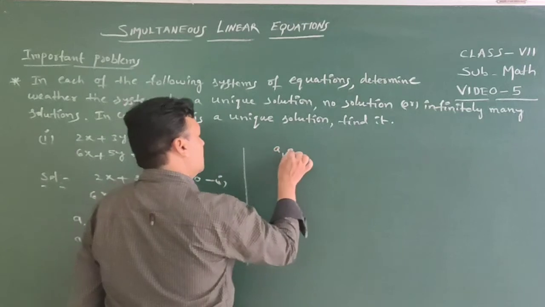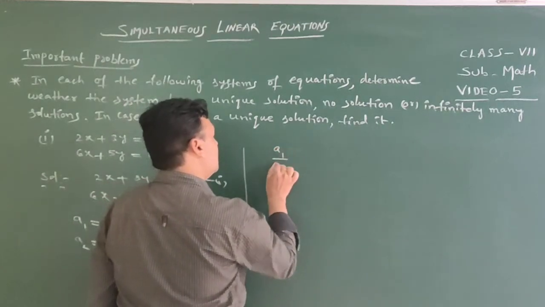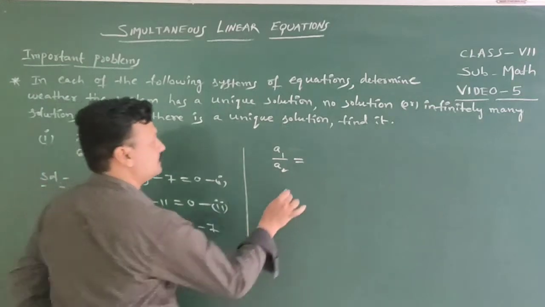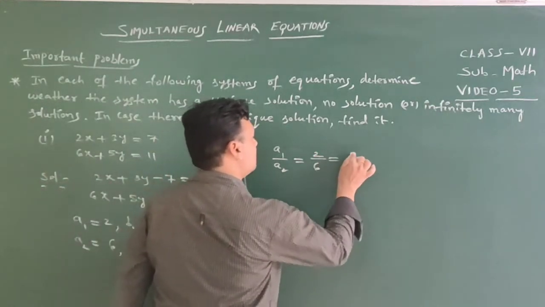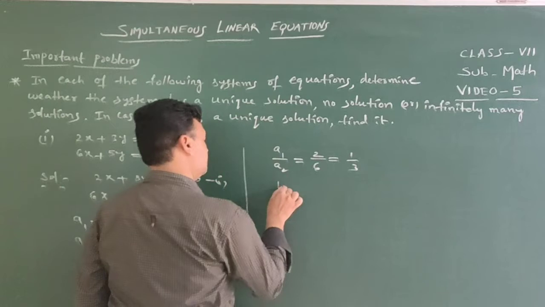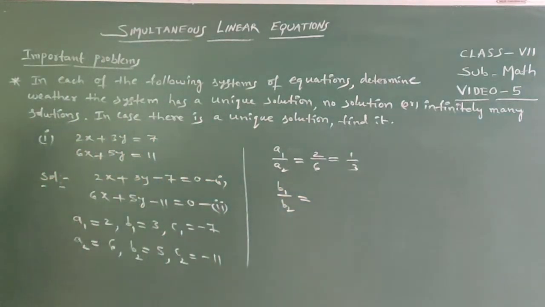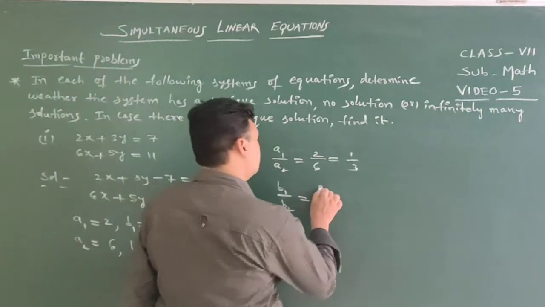Now a1 by a2 equal to 2 by 6, that is 1 by 3. b1 by b2 equal to 3 by 5.